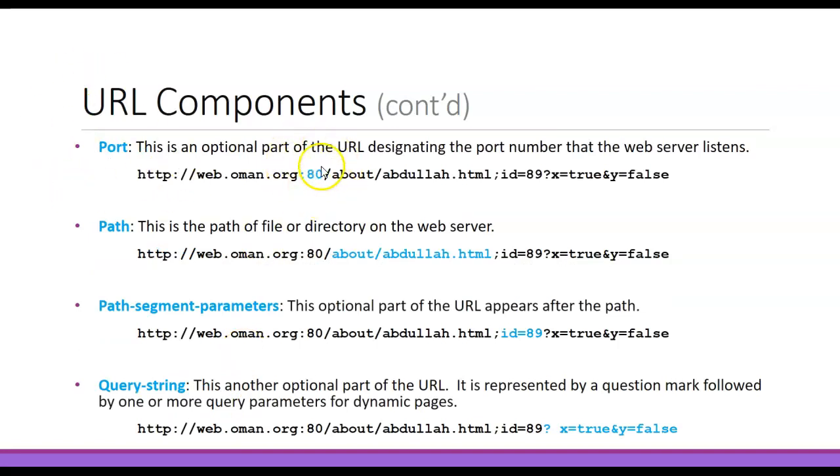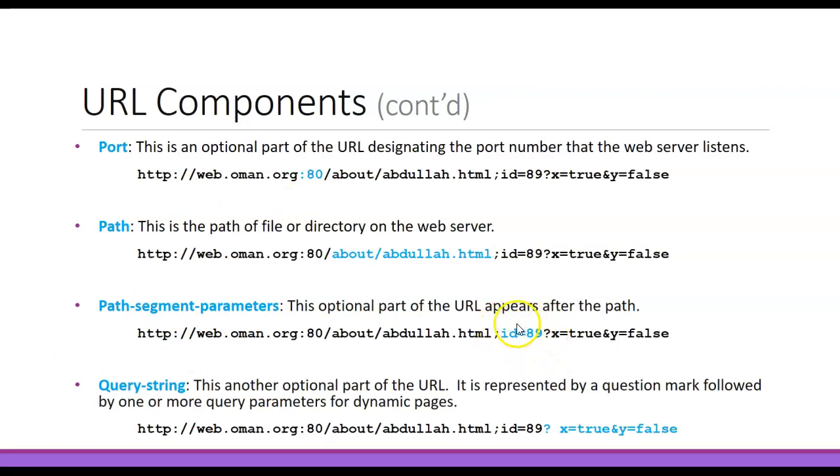Port number, which is optional. It defines the port number on which the web server will listen, and then the path or the file in which the web page exists, like for example the HTML file, and then the path segment parameters, this ID, this parameter.